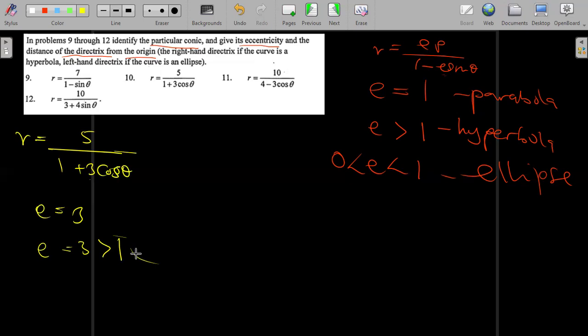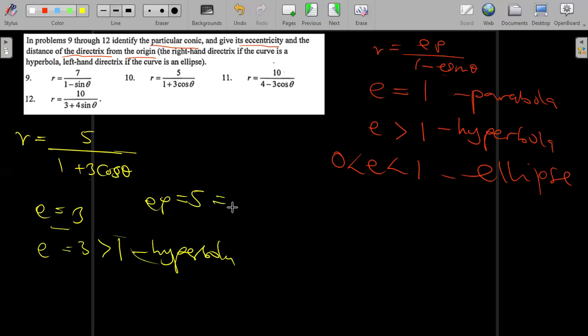So you've identified this is going to be a hyperbola. Now, from there, you also want to get the distance of the directrix, and that's just going to be ep. So you have your e here, you want to get your p, and you have ep. So ep is equal to 5, as in that question there.